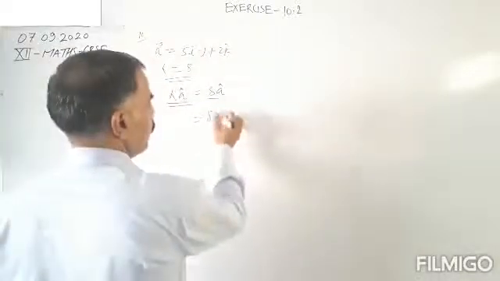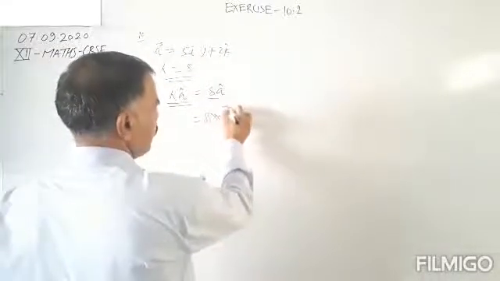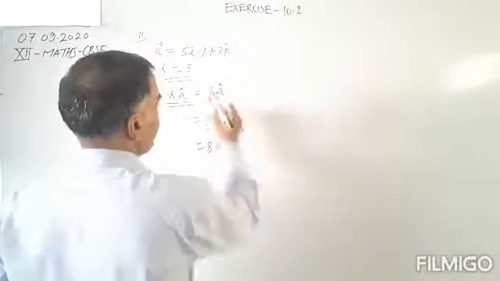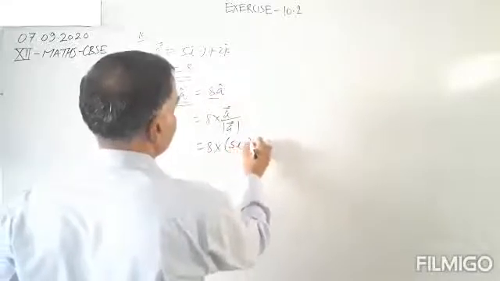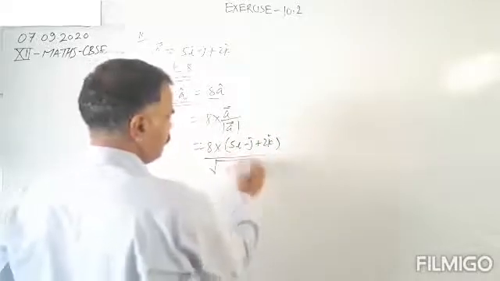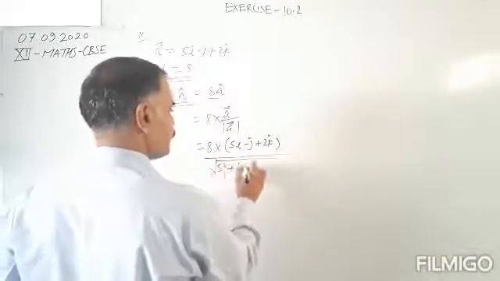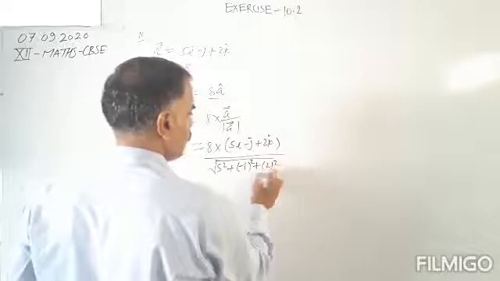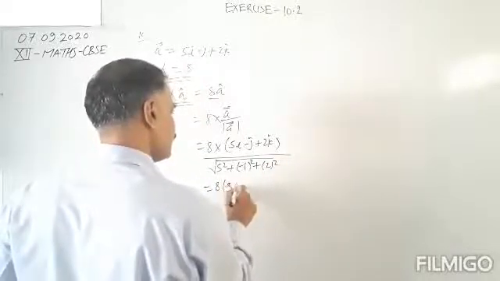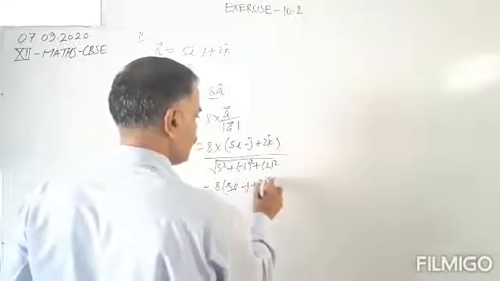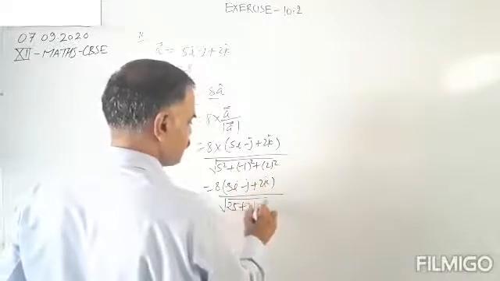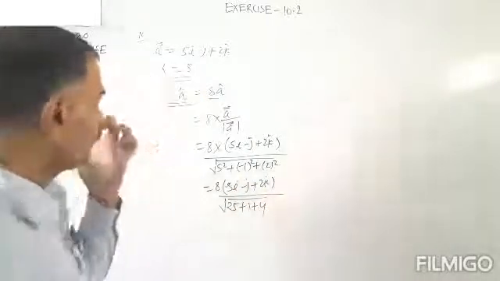So 8 into a cap, that is a vector divided by magnitude of a vector. 8 into (5i cap minus j cap plus 2k cap) divided by its magnitude, that is under root 5 square plus (minus 1) square plus 2 square, that is under root 25 plus 1 plus 4.